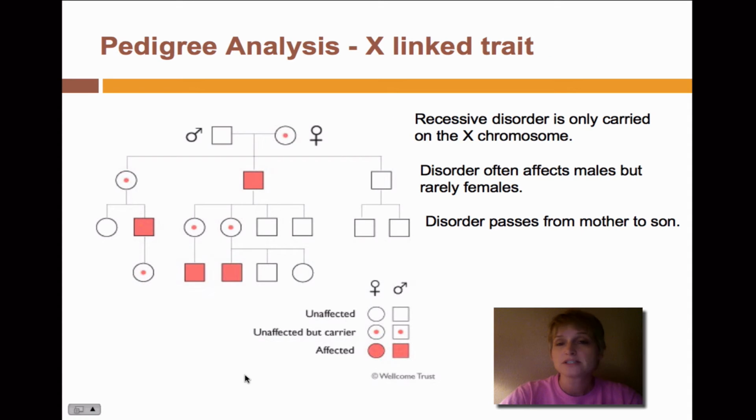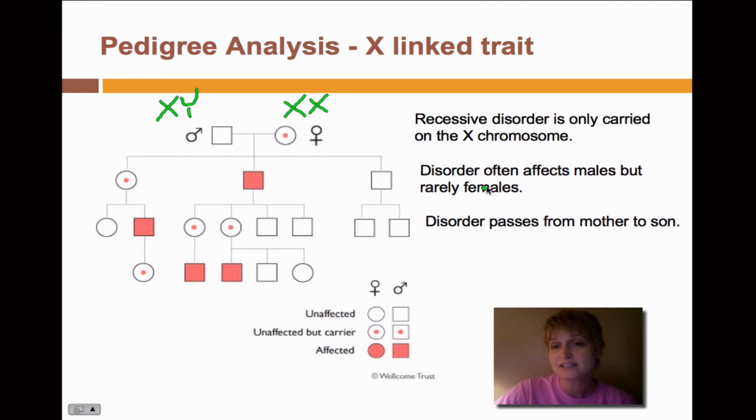And then another one we're going to talk about is an X-linked trait. Okay, so an X-linked trait means that it's a recessive disorder and it's only carried on the X chromosome. Now, remember that females have 2 X chromosomes and males have an X chromosome and a Y chromosome. Okay, so this disorder will only show up if it's on the X chromosome.